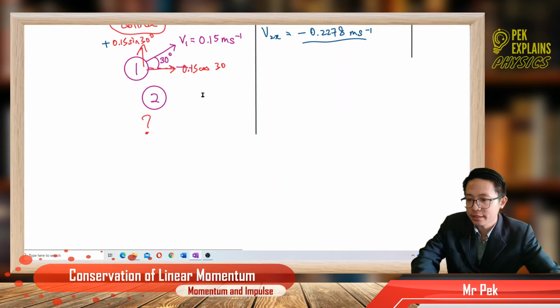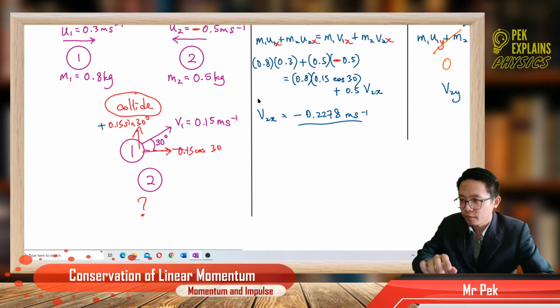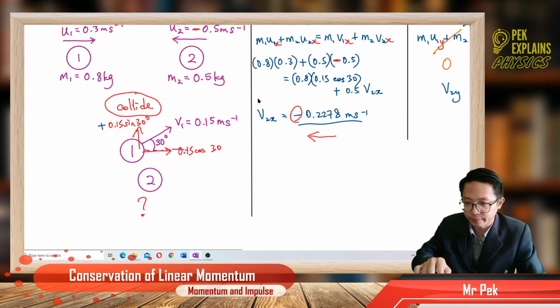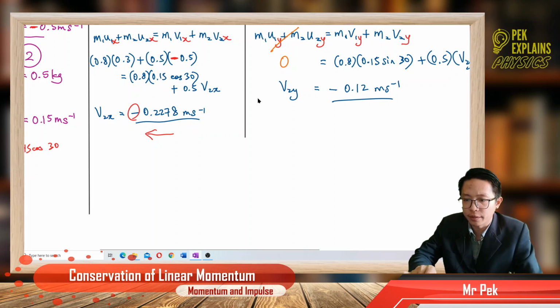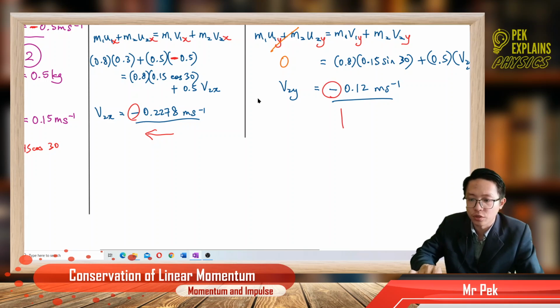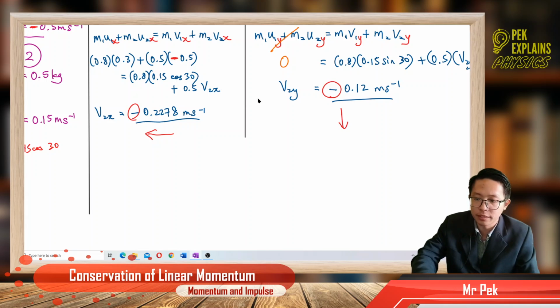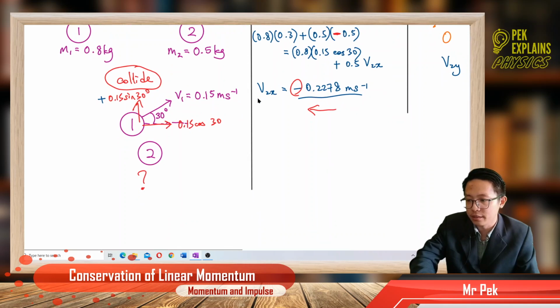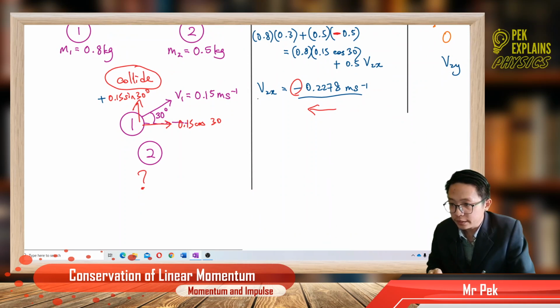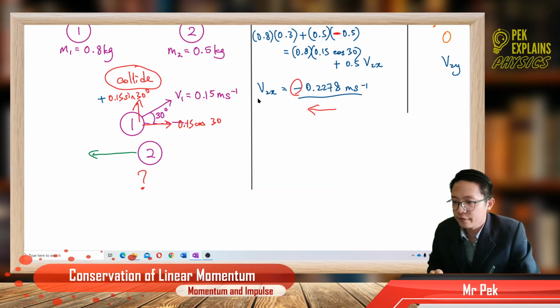So that means the x component is going to the left because it is negative, and the y component is negative also, so it's going down. That means ball 2 is going to the left, going downwards.